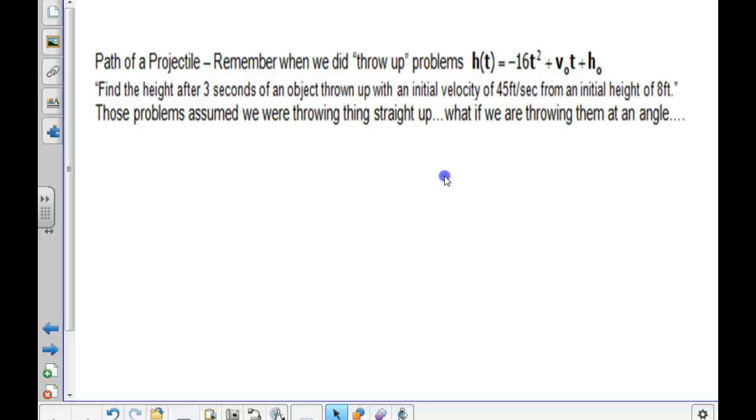Actually, what Ms. Heimer was concerned about was this side, because she didn't have time to ask me any questions on this side. This is going to switch to the other side. Remember we did problems earlier this year. If you threw the ball up or you dropped it off of something, you had the height as a function of time.